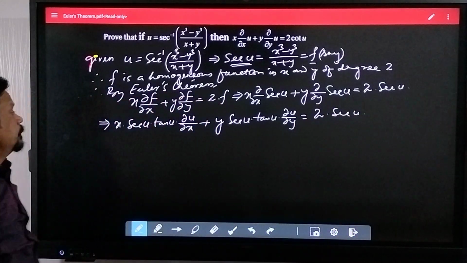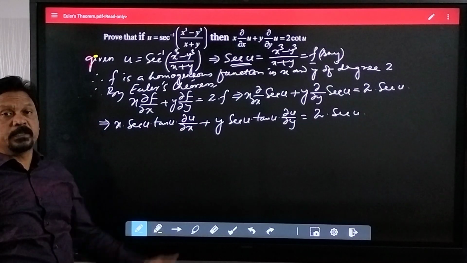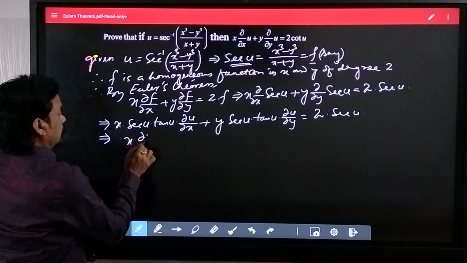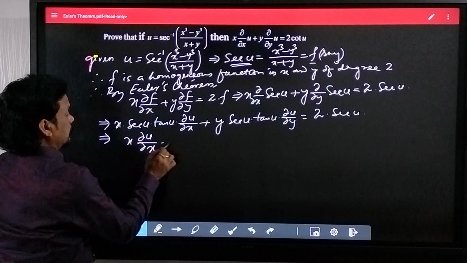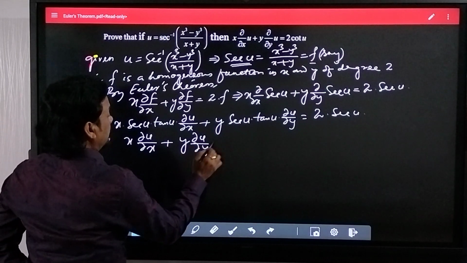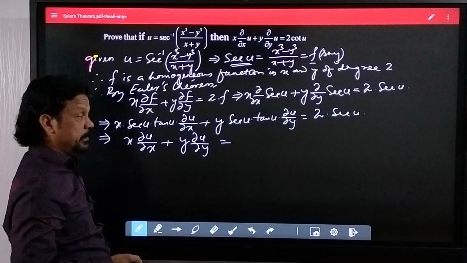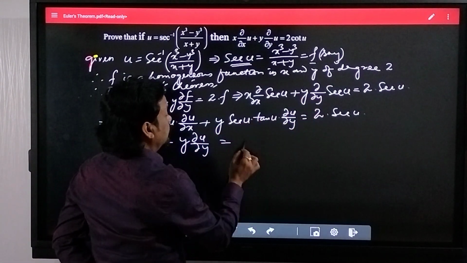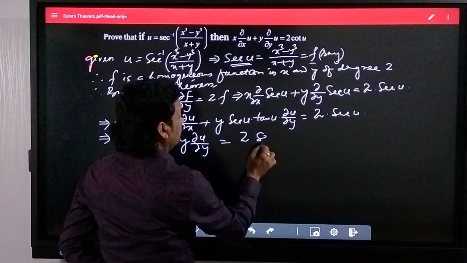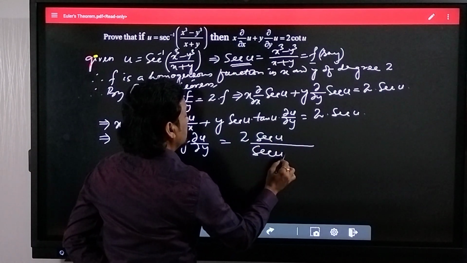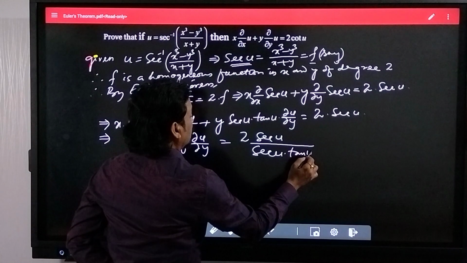Okay, so let us divide by sec u into tan u on both the sides. So remain x into del u by del x plus y into del u by del y, because I am dividing sec u into tan u on both the sides. So here sec u tan u cancels out, and on the right we are dividing 2 sec u by sec u into tan u.